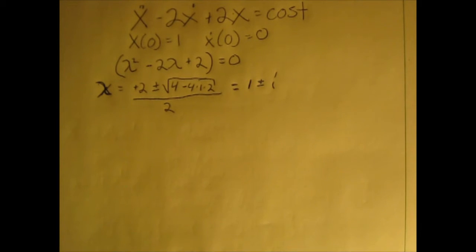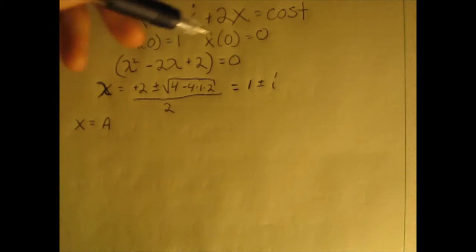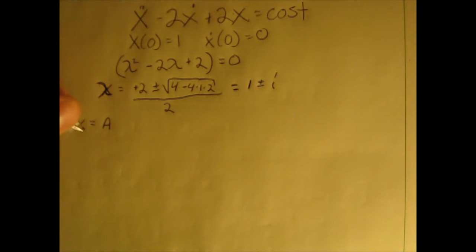In differential equations, if you've done this type before, you know what to do. You just assume the answer is something in the form of some constant times e to the something t power. We'll do the same. So we'll assume that the solution looks like this, or at least this part of the solution, not the particular part.